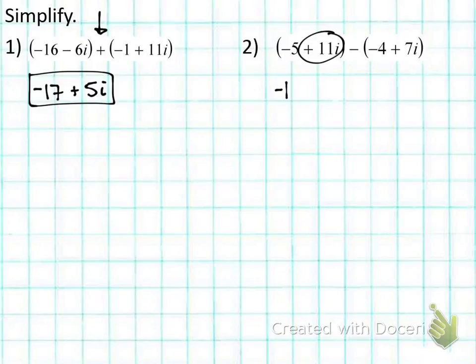Then we have positive 11 minus positive 7i, which is positive 4i. Next, I want to make sure that I have the answer as a complex number. So we have the real part first. This is our constant, negative 1 plus 4i as our imaginary number. It's correct, so it's in complex number form. That's it, numbers 1 and 2.